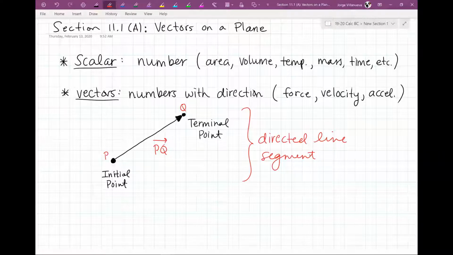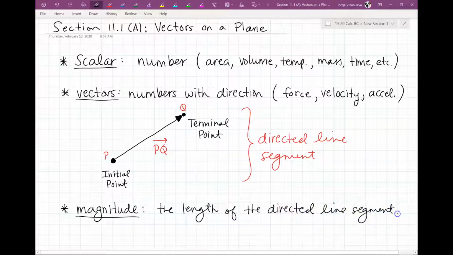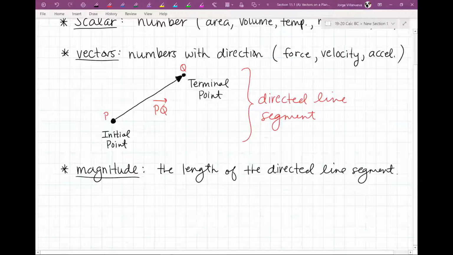Now, the length of this line is called the magnitude. So let me write that down right here. Magnitude. That's the length of the directed line segment. And usually magnitude has notation that looks like this.